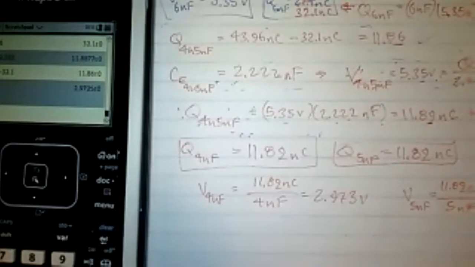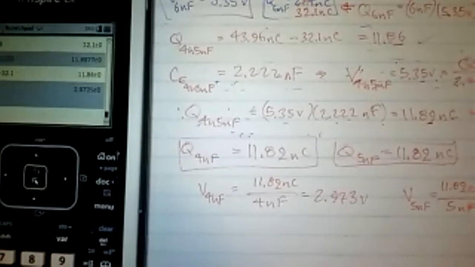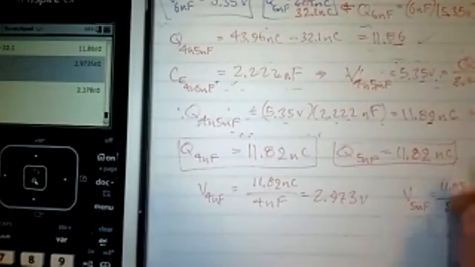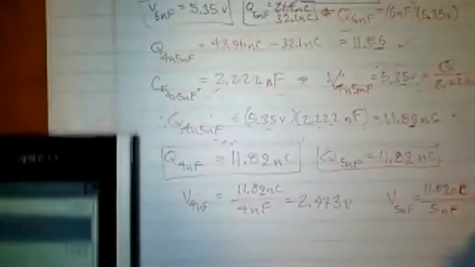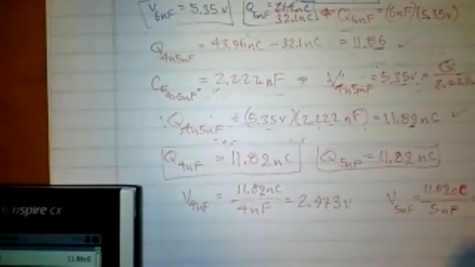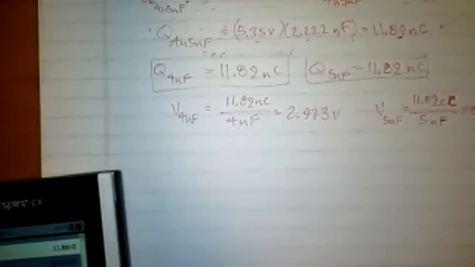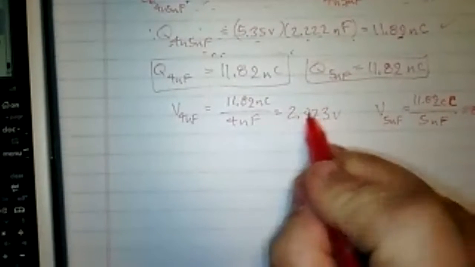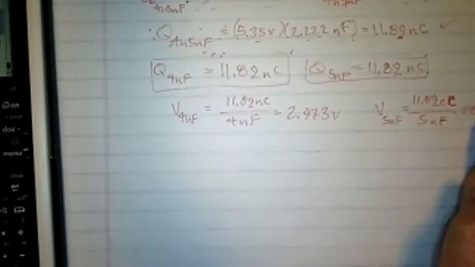11.89 divided by 5 gives me 2.378 volts. And you can see that 2.9 is essentially 3, and 2.3 with 3 gives you about 5.3. So yeah, those are pretty close to each other.